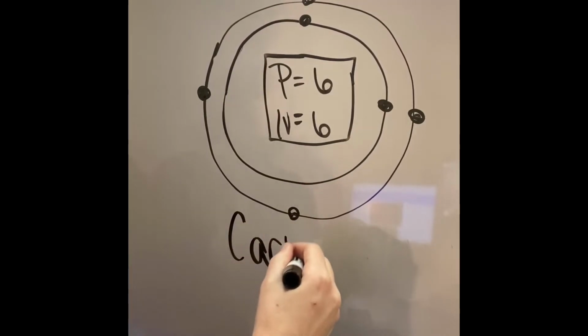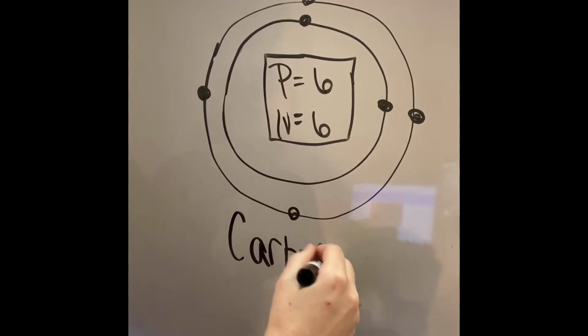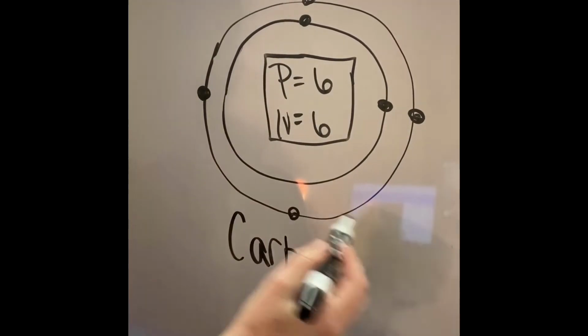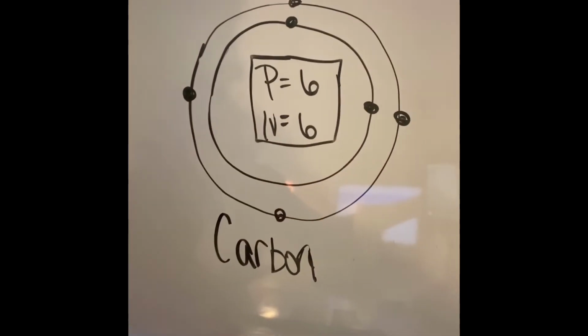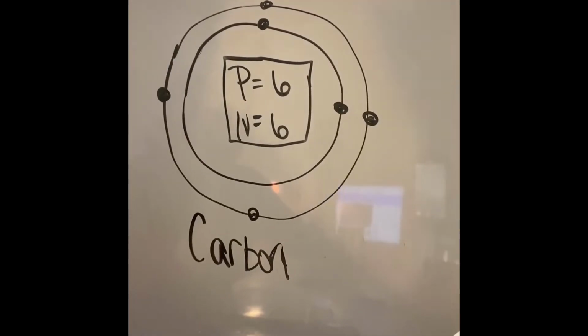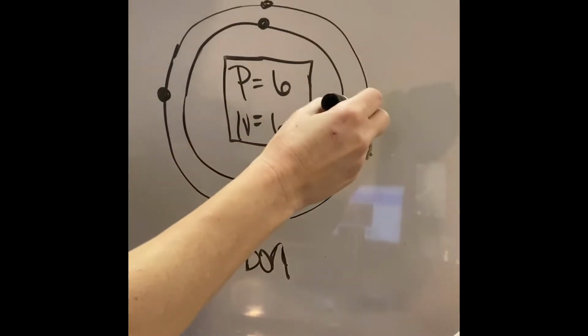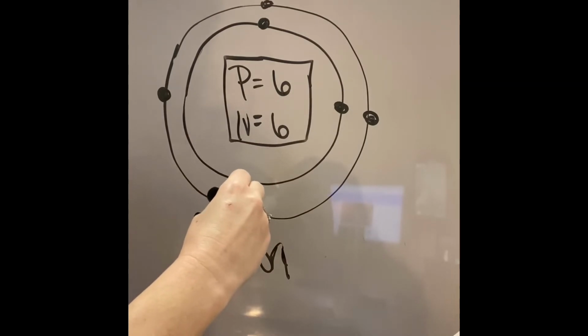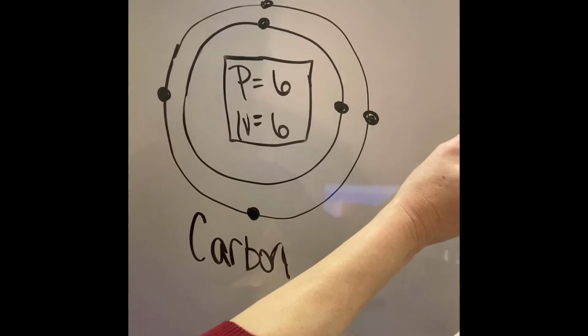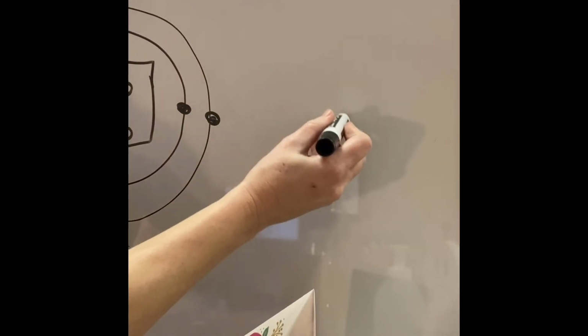Now, the other aspect I need you to know is that if we were to write this in a Lewis dot diagram, we would also write, let's go over here a little bit, because the Lewis dot diagram only takes into account these outer electrons, which we call the valence electrons, we're going to write the symbol for carbon over here.